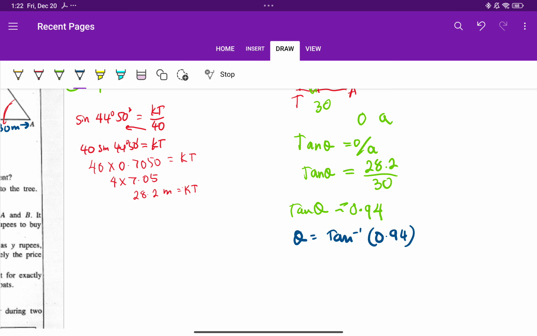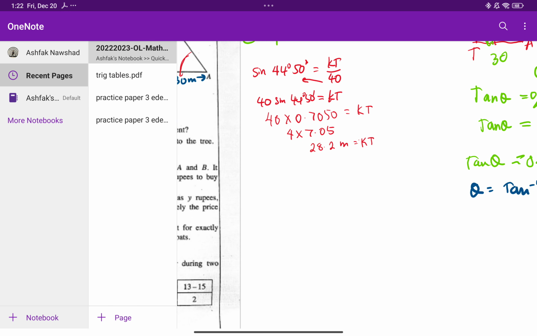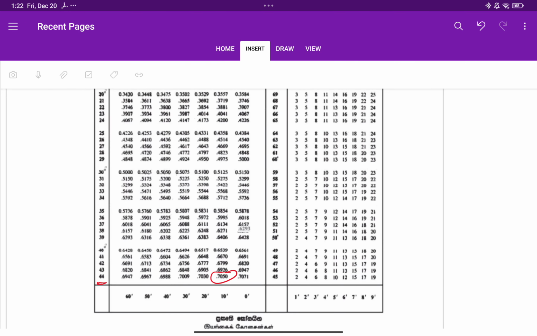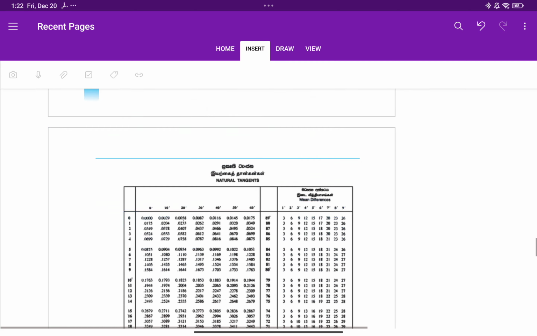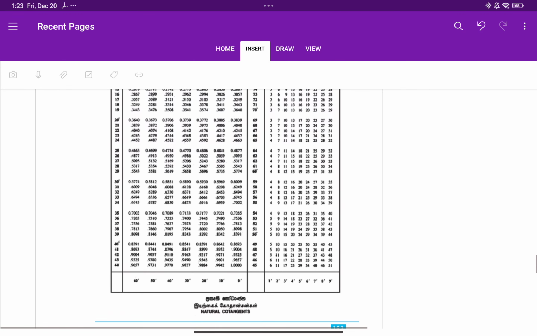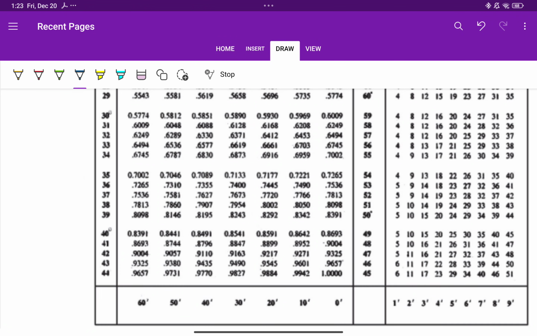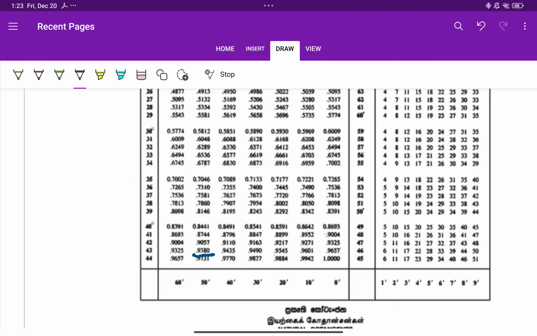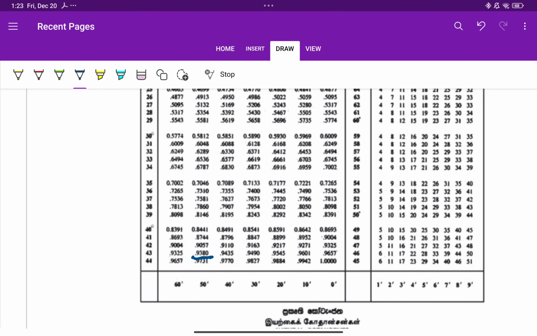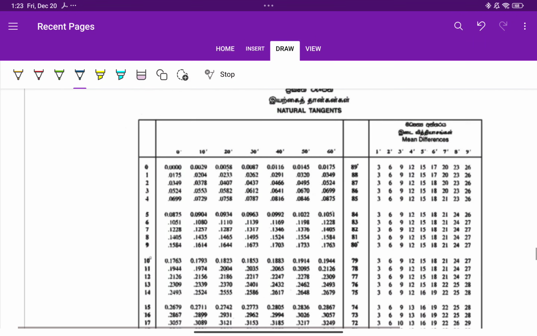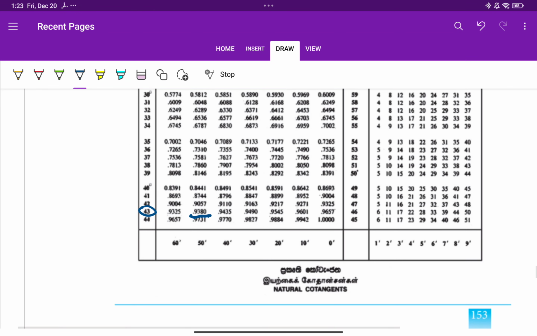We have to find the tan inverse of 0.94, so let's go to the table of tangents. We don't have 0.94, but we have 0.938. That will do. 0.938 is 43 degrees and 10 minutes.